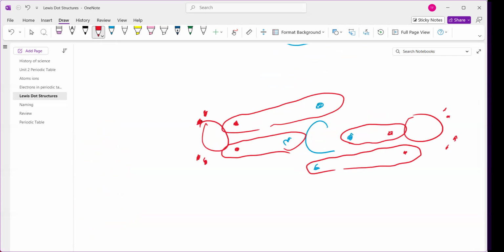So top pair, bottom pair. It's a single on each one, so together they make a pair.